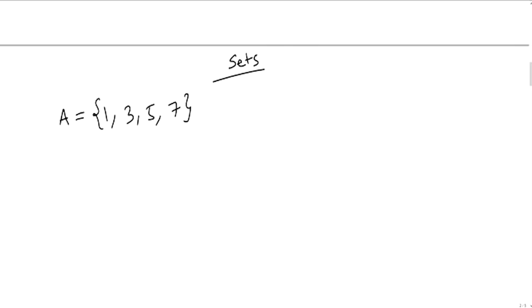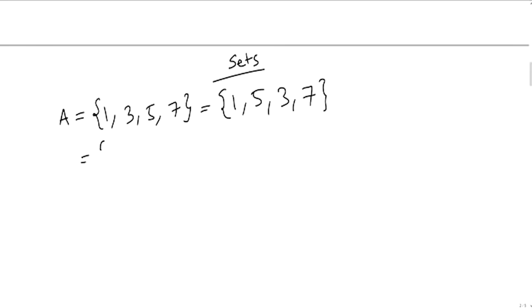For example, the order doesn't matter. The set 1, 3, 5, 7 is the same as 1, 5, 3, 7. I just changed the order, but it doesn't matter. They are both the same set. So the collection remains the same, and it's not necessarily ordered, right?